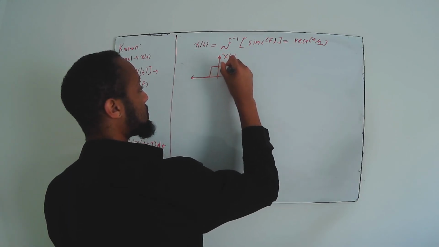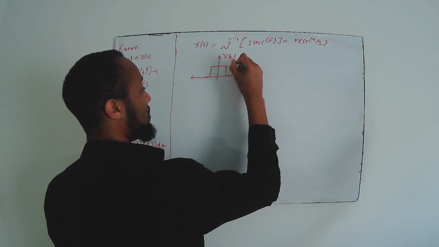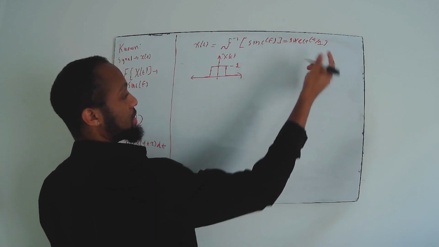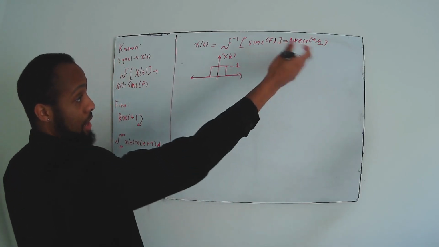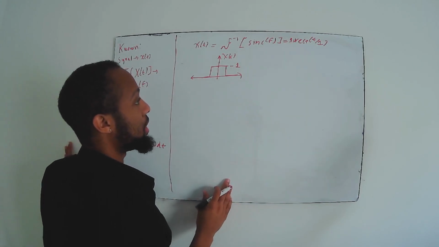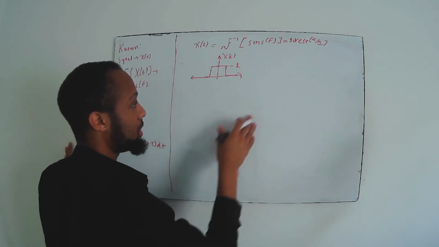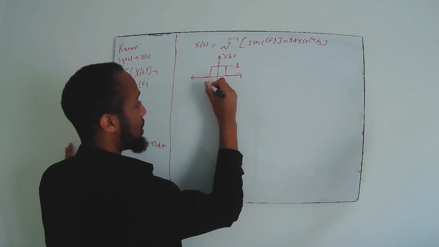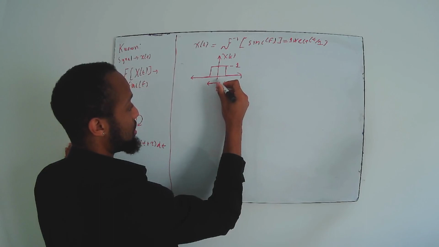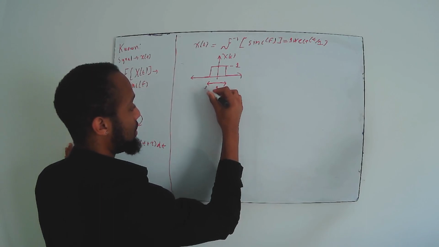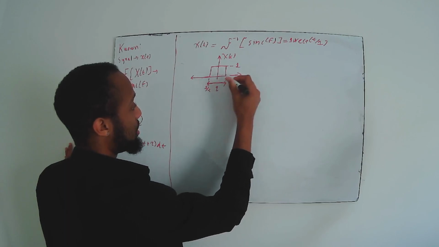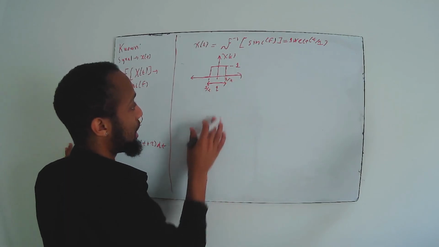The amplitude is 1, because that's the amplitude out front; anytime you don't have a number explicitly written, you can assume it's a 1 as a multiplier. So it's rect of t, and the total width of the box is 1. If it's centered at 0, then the edges are at minus 1/2 and positive 1/2. And so this is our x(t).